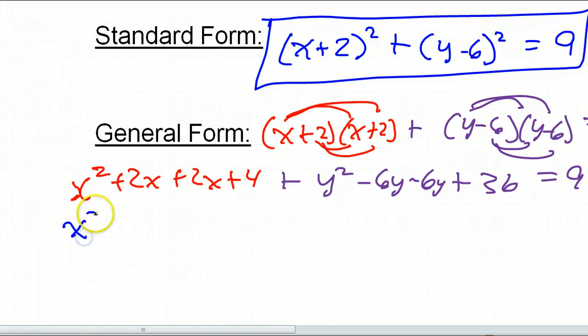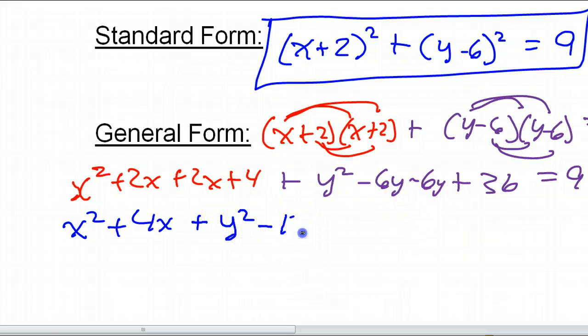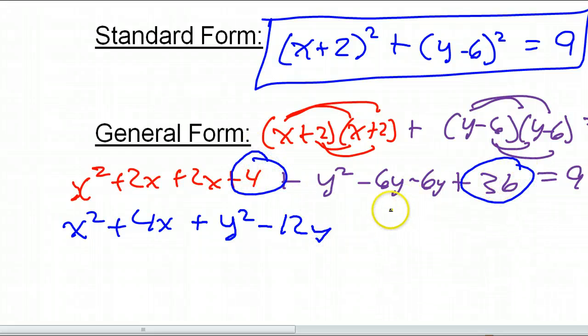So that's going to give me x squared plus 4x plus y squared minus 12y. Okay, I'm going to go ahead and put together the 4 and the 36. So that's going to make 40 equals 9.